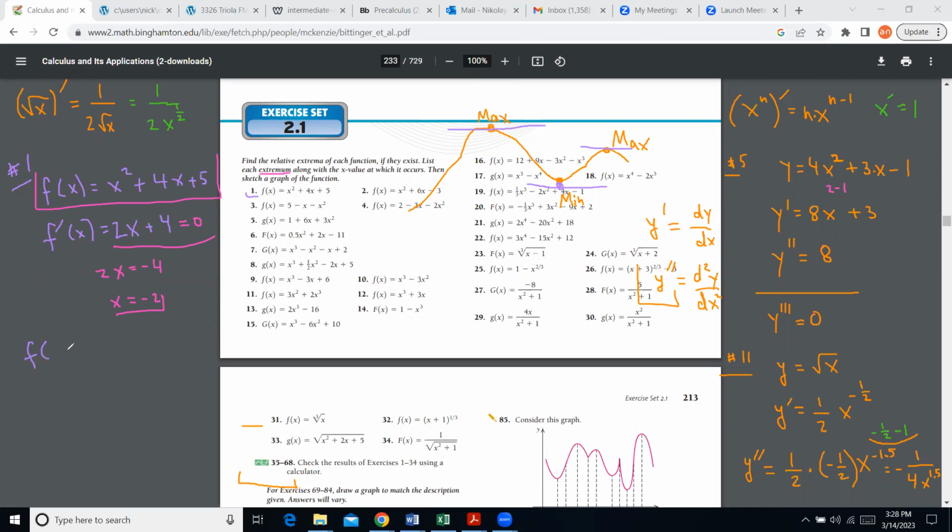So let me calculate its coordinate. So when x is equal to -2, I just plug -2 instead of x. There are 2 spots where I see that negative number 2. So we get a -2 squared, and then plus 4, which is multiplied by -2. And also there is a 5 added to the end.